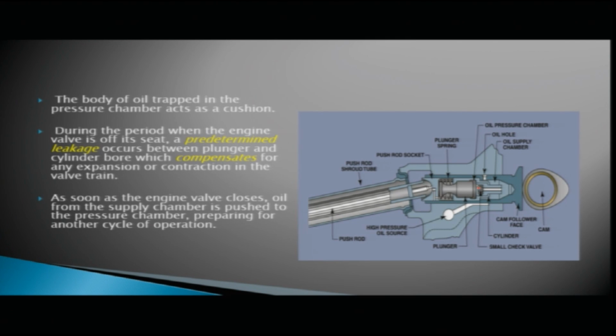Then during the period when the engine valve is off its seat, that means when the valve is open, there is a predetermined leakage which occurs between the plunger and the cylinder bore to compensate for any expansion or contraction in the valve train.